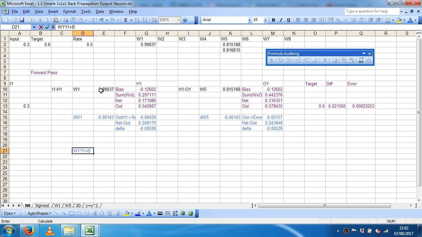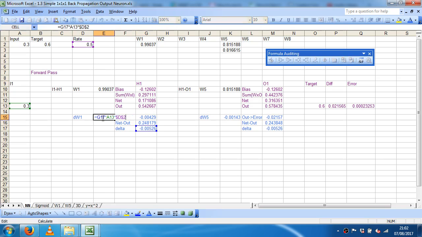And I need to differentiate that with respect to weight 1, because it's weight 1 I'm trying to work out the gradient for. So let's differentiate this with respect to weight 1. Well, plus b goes because it's a constant. Differentiating W1 times I1 with respect to weight 1 just gives me I1. So basically what I need to do is to take this delta and multiply it by I1.